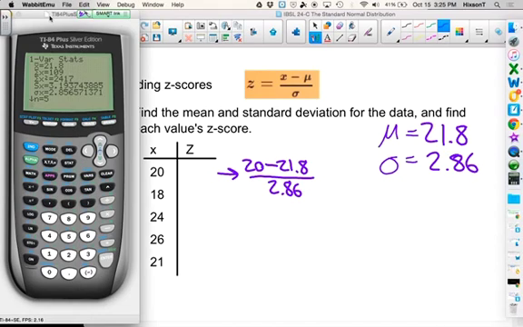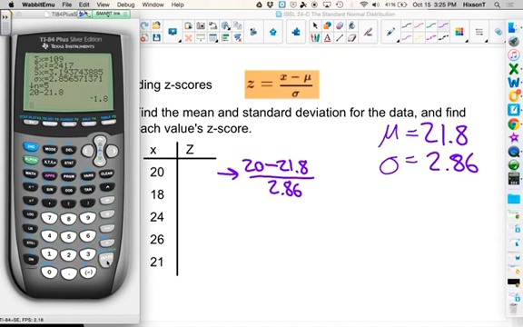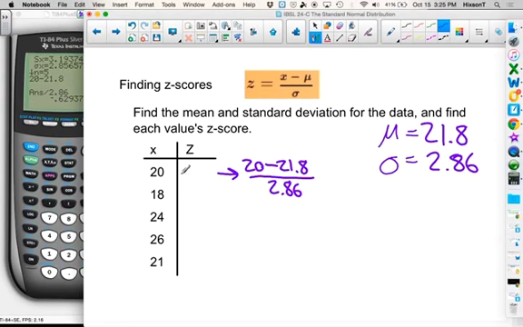So I have 20 minus 21.8 is negative 1.8 divided by 2.86, and I get a negative 0.629.